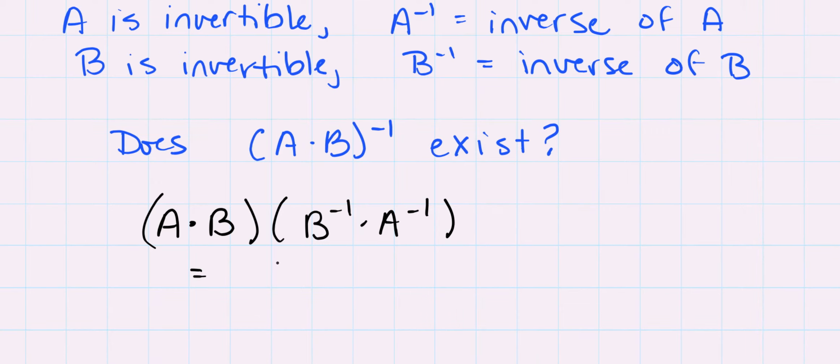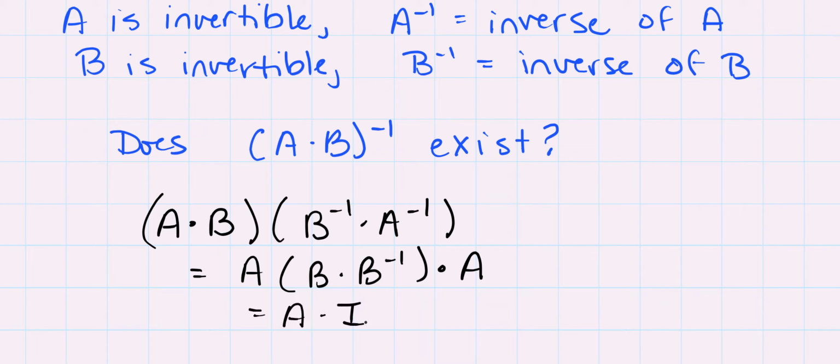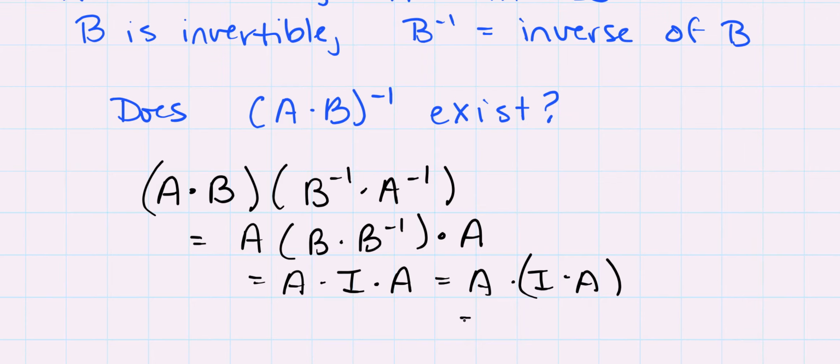Well, the parentheses, I can move them around. This is going to be A times B times B inverse times A inverse. So I got rid of these and I just moved these two over. But B times its inverse is the identity matrix. And the identity matrix times any matrix is itself. So then we get, oh sorry, I dropped the inverse here.